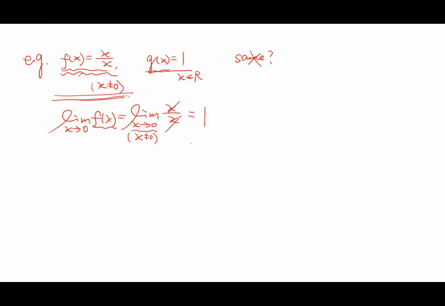The limit is 1 here. So from this example, we can see that although the function does not have meaning at the point 0, we have the limit as x approaches 0. Am I clear, guys?